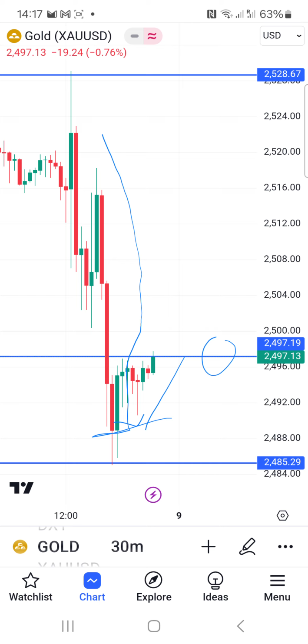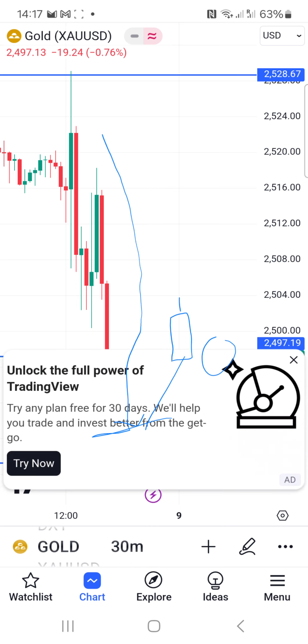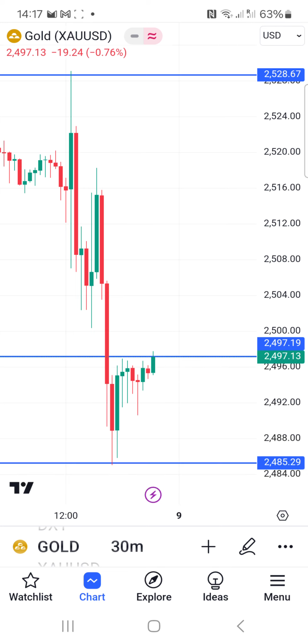So if the 30 minutes candle will close above this level, then we may say that the price is trying to move maybe up to this area.